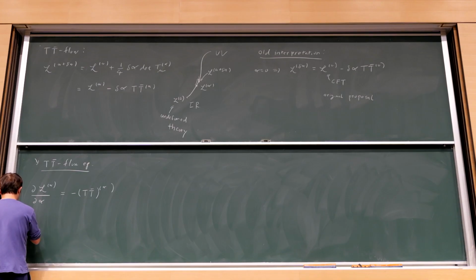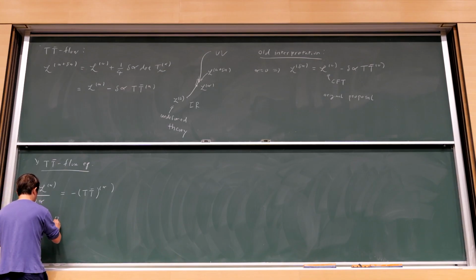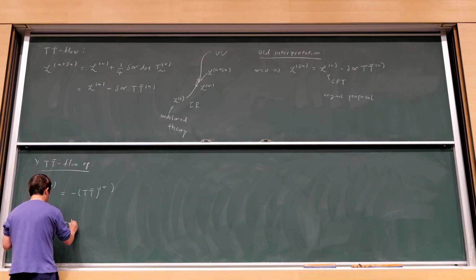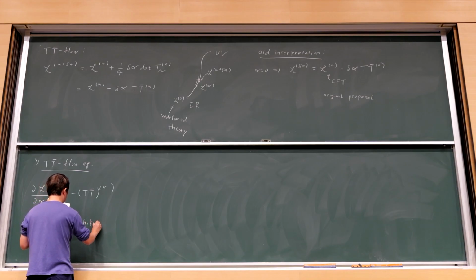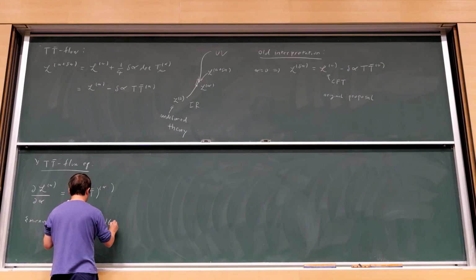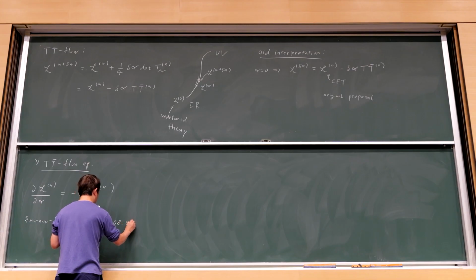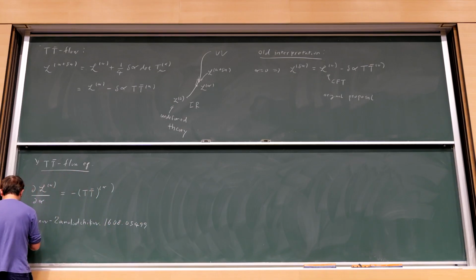This flow equation was found by Smirnov and Zamolodchikov in 2016, and independently by Roberto Tateo's Torino group.